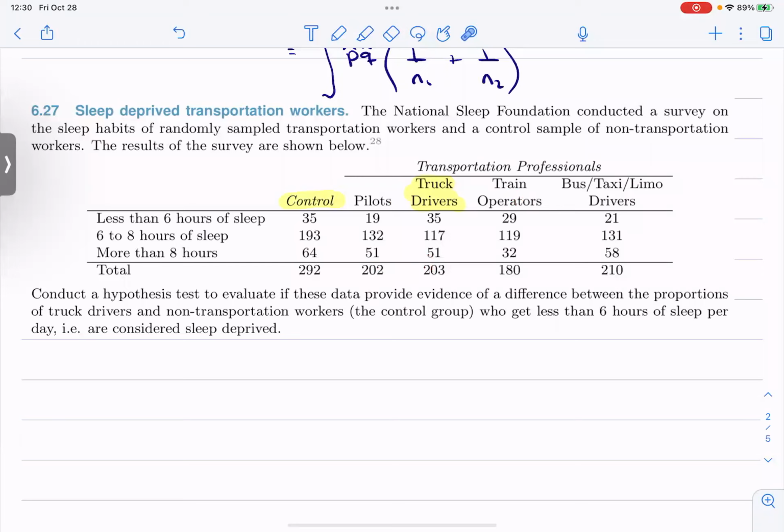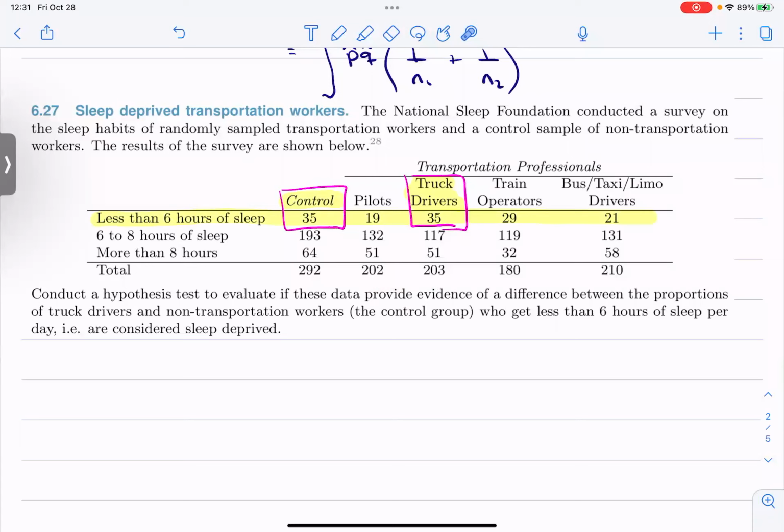And so for us, we wanted to talk about the proportion of truck drivers and non-transportation workers, which means that you're essentially just going to delete all these other columns, right? These 3 columns, they're gone out of our lives forever. And who get less than 6 hours of sleep, which means we're going to be stuck on this line here. But of course, we're really only interested in these values here. And then we've got the totals.